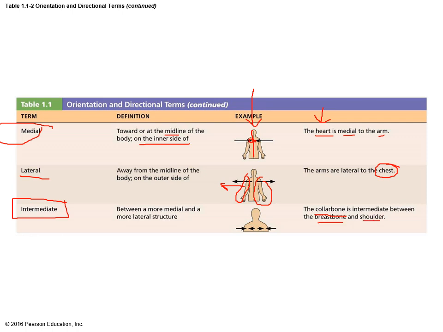That's a really good example because as you palpate the collarbone on you, you notice that you can go towards the midline, which is where you would encounter the breastbone, but you can also go laterally where you would encounter the shoulder and the arms. So medial towards the middle, lateral towards the side, and intermediate is that happy median, a little bit towards the middle, a little bit towards the side.